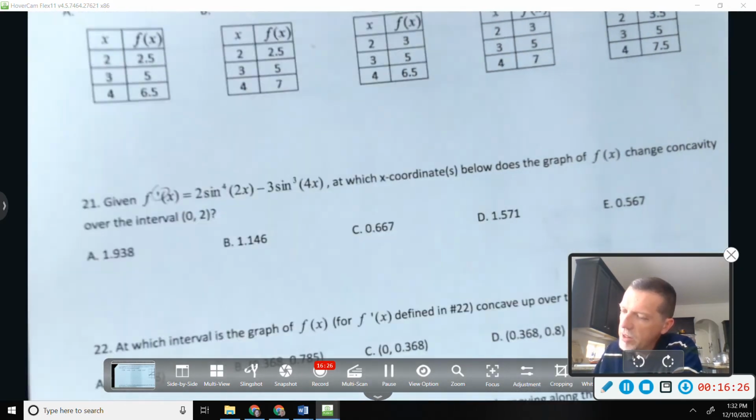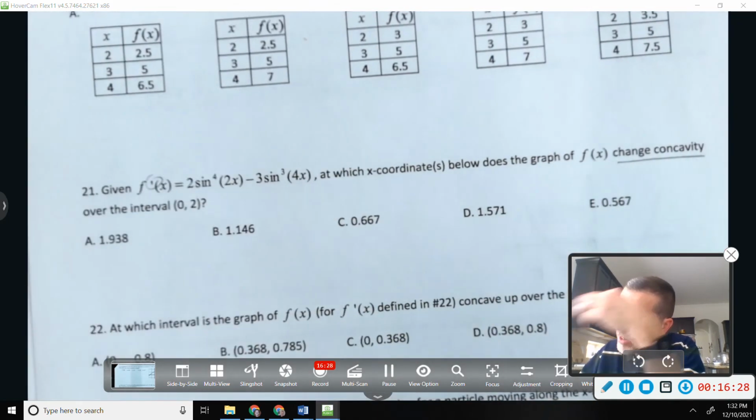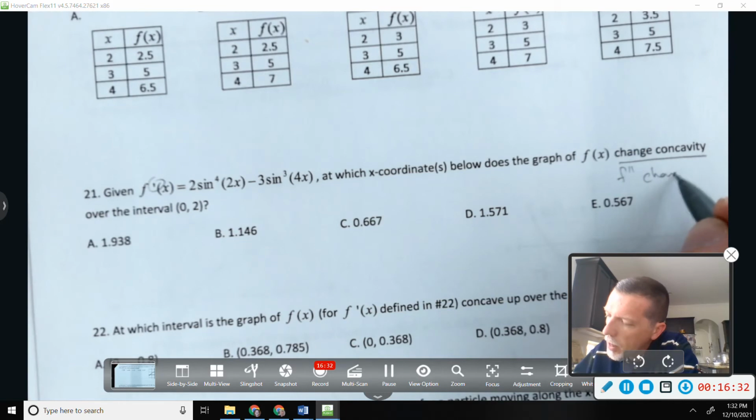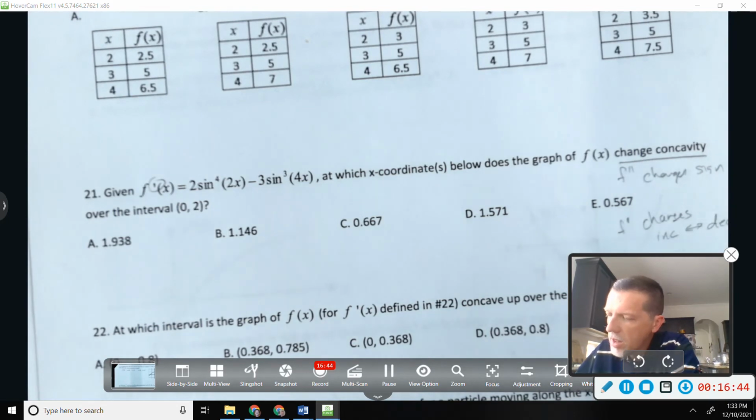Well, we would need the derivative anyway if we're talking about concavity. That would be f double prime changes signs, but it would also be f prime changes increasing to decreasing, or the other way around. Well, that's what we found on that other page.